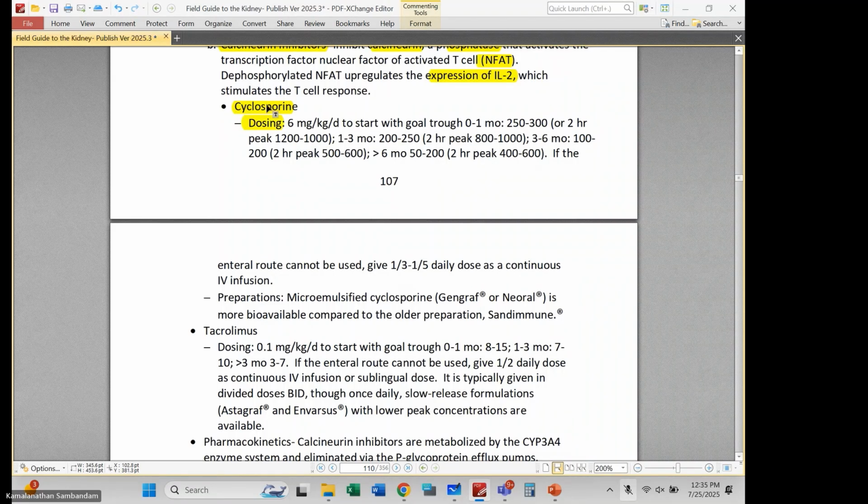Cyclosporin has a variety of different targets based on the transplant center. Here are a few considerations, but again, vast variation. If you want to take one number away from this, a typical cyclosporin level that is in the therapeutic range is somewhere between 100 to 200.